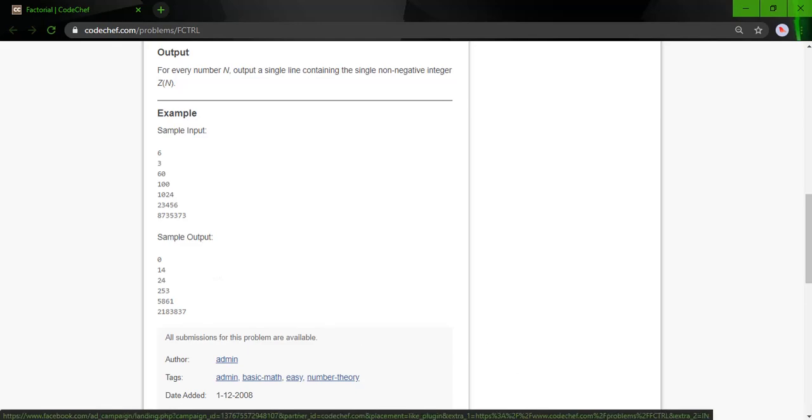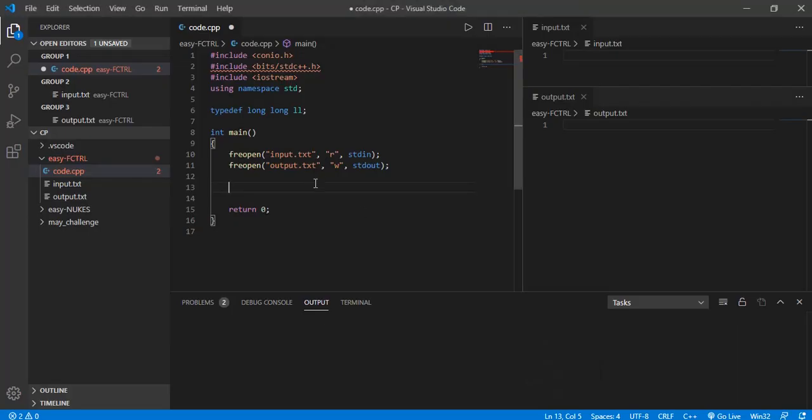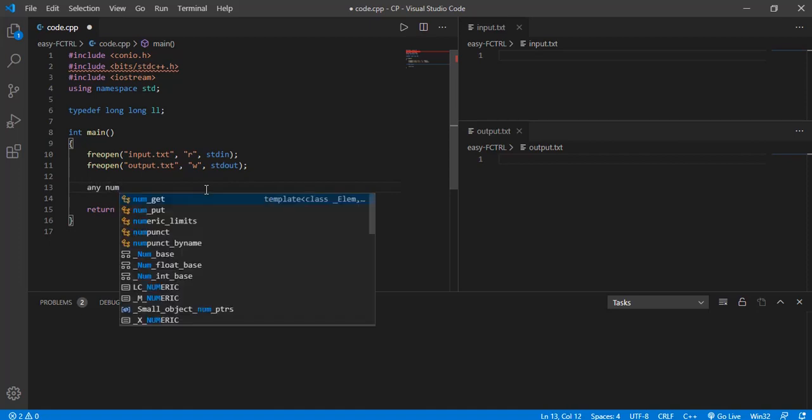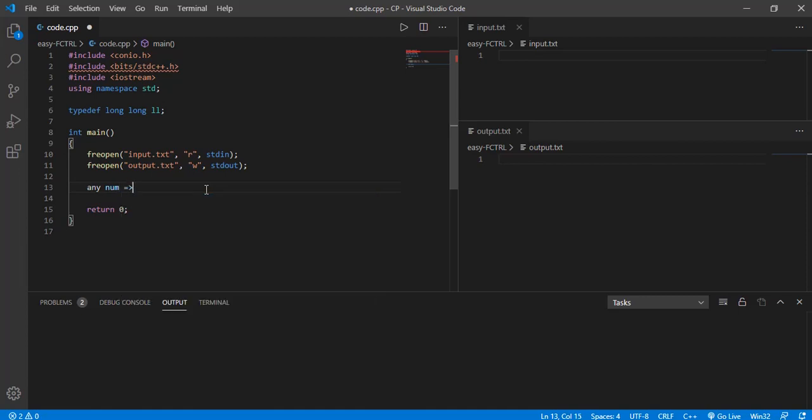So let's get started. This is my regular setup that I have. Because I find C++ more comfortable, I'll be doing it in C++, but the logic will be the same. So what we're going to do now is we have to find the factorial and we have to find the number of trailing zeros. So technically, for any number, what you do to find the number of trailing zeros, we know that 2 into 5 is 10.